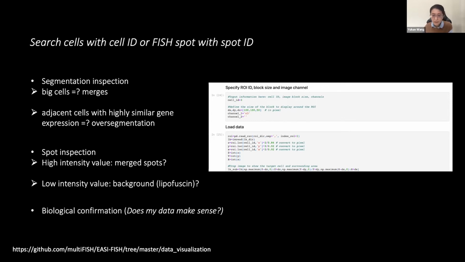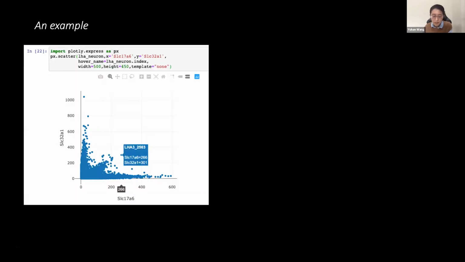I also want to give an interesting example. I can combine this with interactive plotting, for example using Plotly in Python, where I can plot the expression of Vglut2, which is supposed to be expressed in excitatory neurons, and Vgat, which is supposed to be expressed in inhibitory neurons.